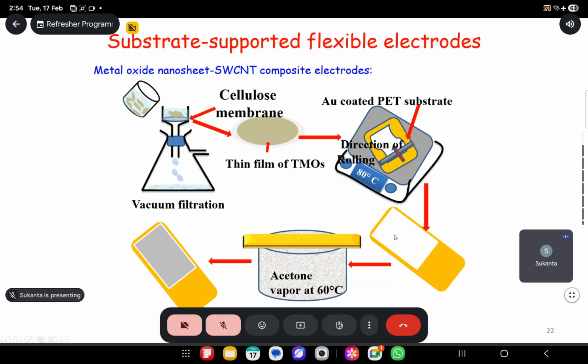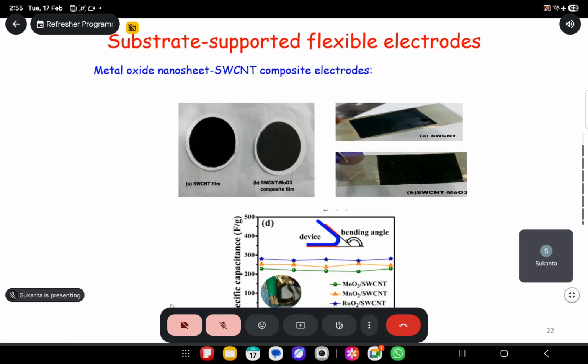Now we have to remove this filter membrane. Since we use a cellulose membrane, we can easily dissolve it using acetone vapor at 60 degrees centigrade, and then what we get is the active material on top of gold-coated PET. This is one electrode. We can use the same for the other electrode, and in between there will be electrolyte to make the supercapacitor.